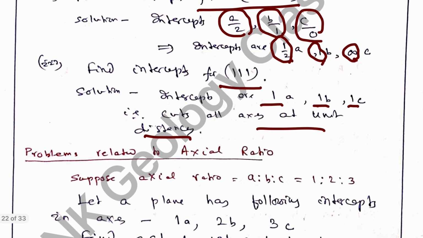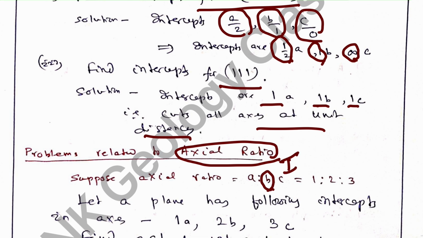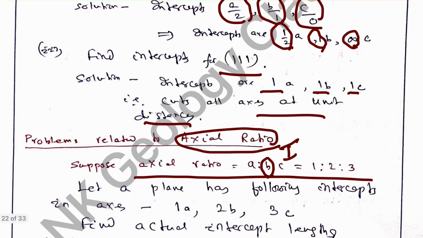Let us find the problems related to axial ratio, where B is always taken to be unity. Suppose the axial ratio has been given as A is to B is to C as 1 is to 2 is to 3, so we have to reduce B to be equal to 1. So how can we get it?